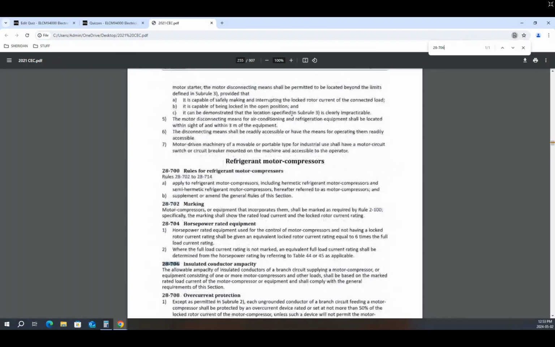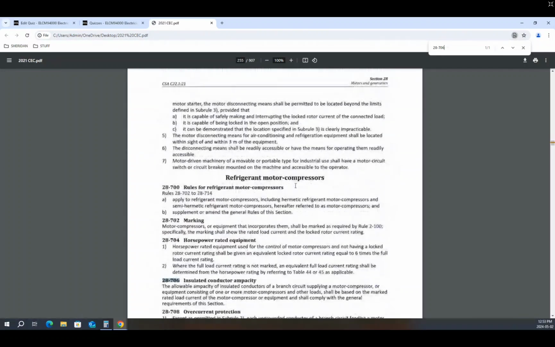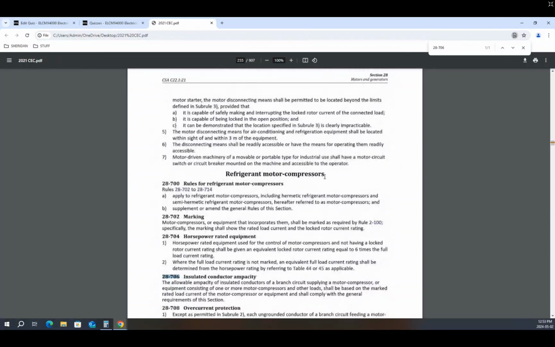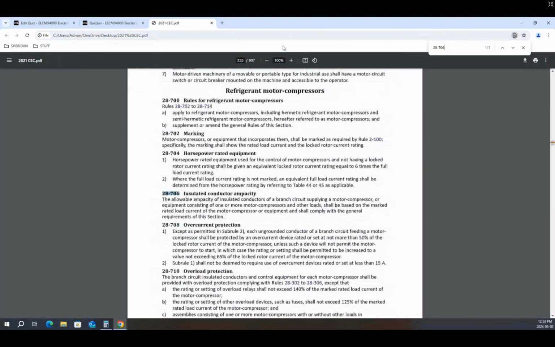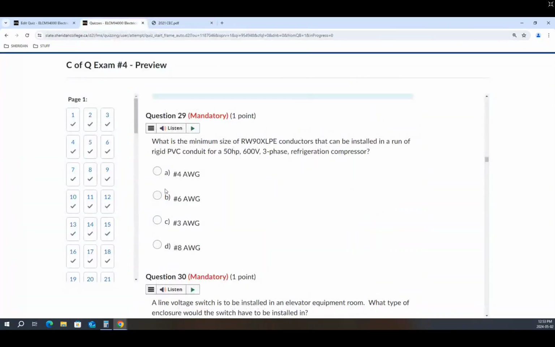So section 28 is motors and generators, and we're into the refrigerant motor compressors and conductor ampacity. So the allowable ampacity of insulated conductors of a branch circuit supplying a motor compressor or equipment consisting of one or more motor compressors shall be based on the marked rated load current of the motor compressor and shall comply with general requirements.